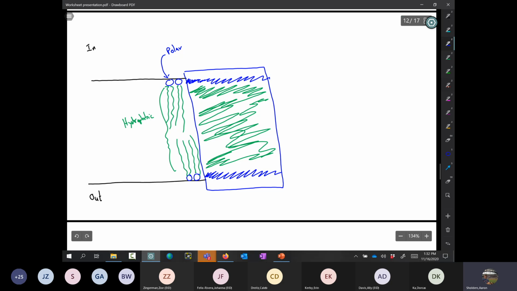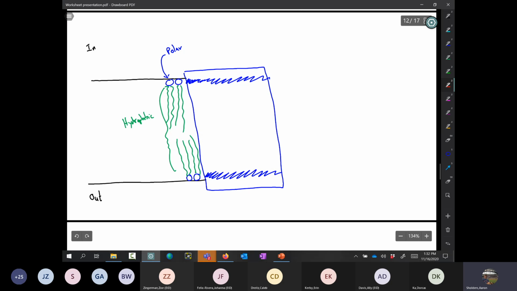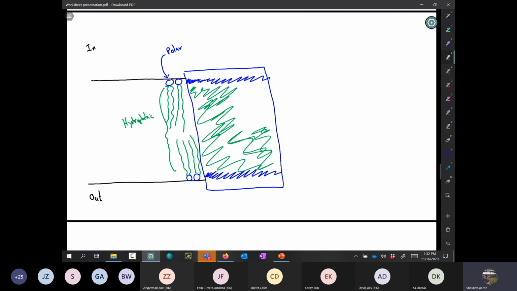Okay, well, it turns out that when we have a tyrosine, let me go ahead and do this. Tyrosine or tryptophan, I'll just draw tyrosine, but tyrosine and tryptophan are both amphipathic. So let's just go ahead and draw tyrosine here. It has a side chain that looks something like this.